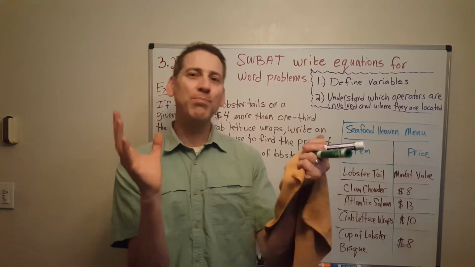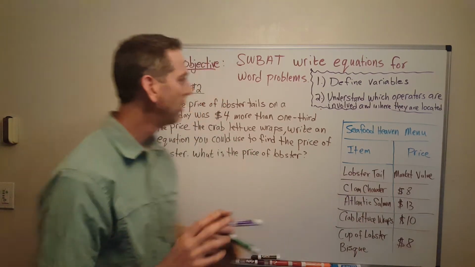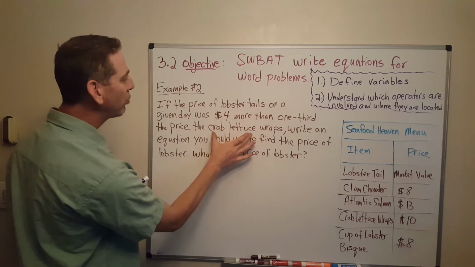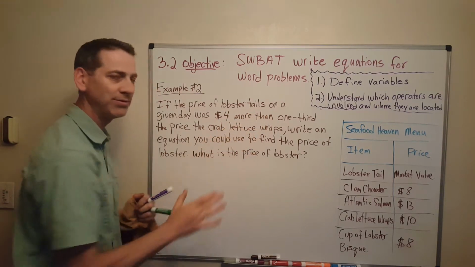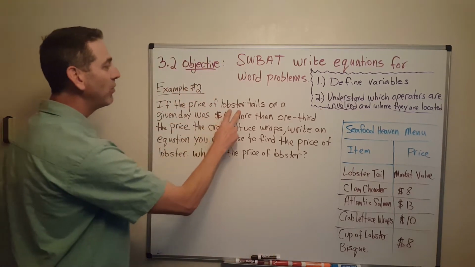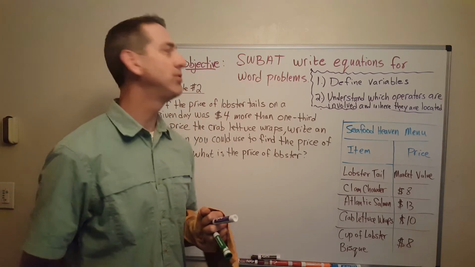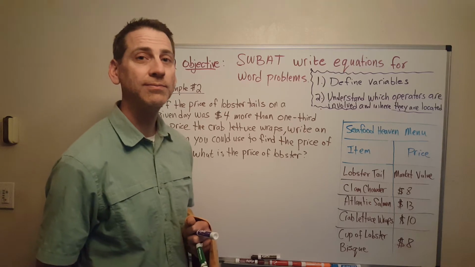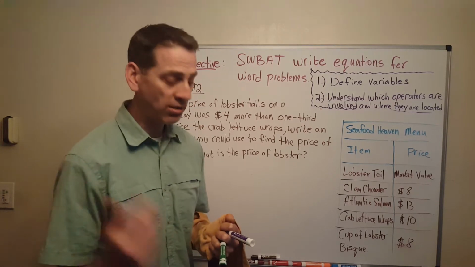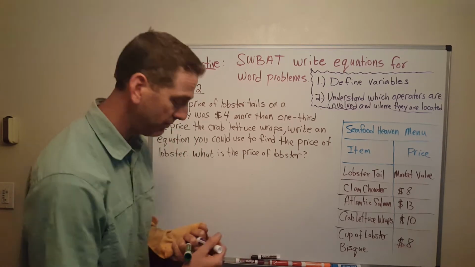There's always going to be this comparison between your variables, right? We're comparing the lobster tail price to the price of crab lettuce wraps. You see the comparison? So what letter could I use for lobster tails? I could use L, I could use T, I can use whatever you want. I'm going to use L.